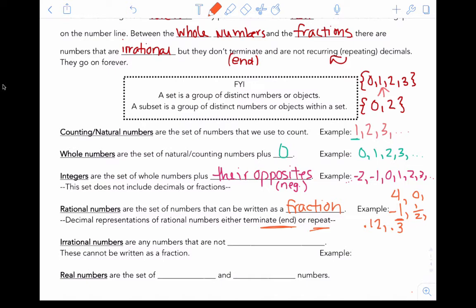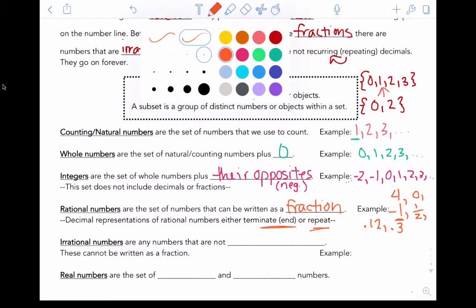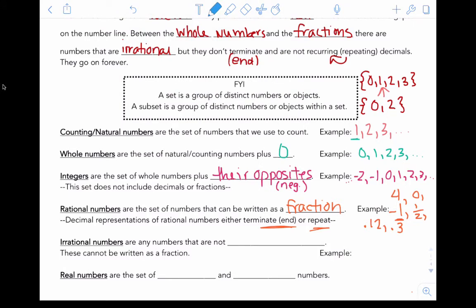What it does not include is a number like this. So that ellipsis at the end means that those decimals are going to go on forever, but there's no pattern to it. And that is going to be irrational numbers. So irrational numbers are any numbers that cannot be written as a fraction, or any numbers that are not rational numbers.